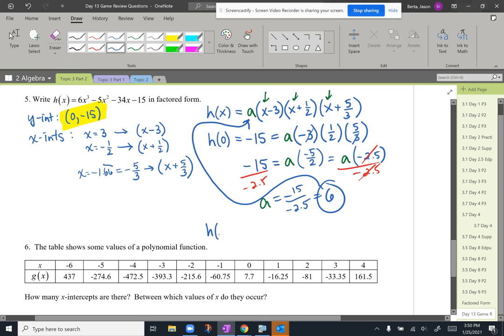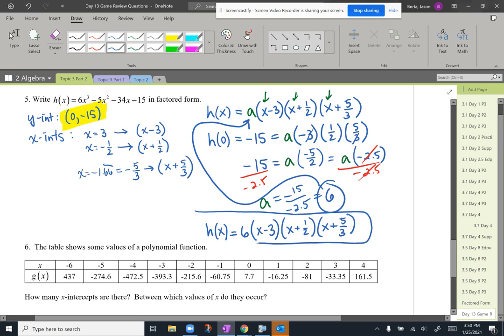And then we can rewrite our function of h like this: 6 times (x minus 3) times (x plus 1/2) times (x plus 5/3). And that's how we can write the function h of x in factored form.